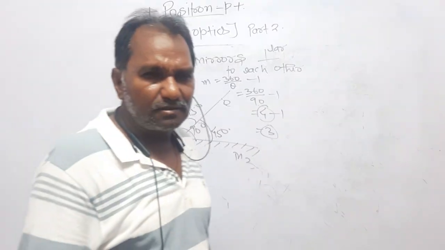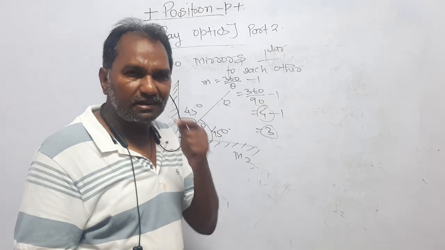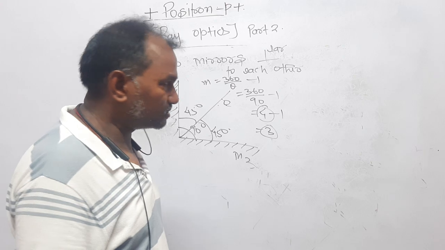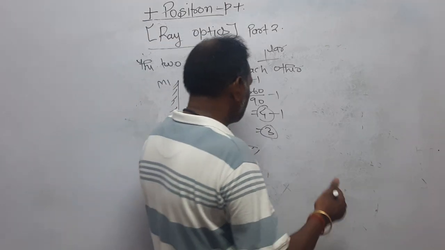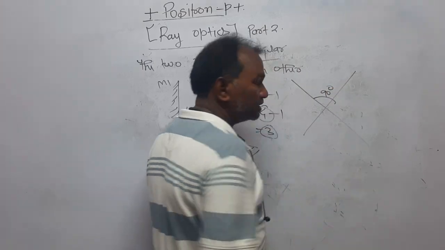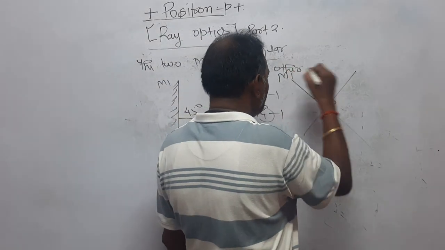The formula says that whether it is kept symmetrical or non-symmetrical, in both cases we have to get 3 images. How? Let's check by the crisscross method. The two mirrors are at 90 degrees, right?